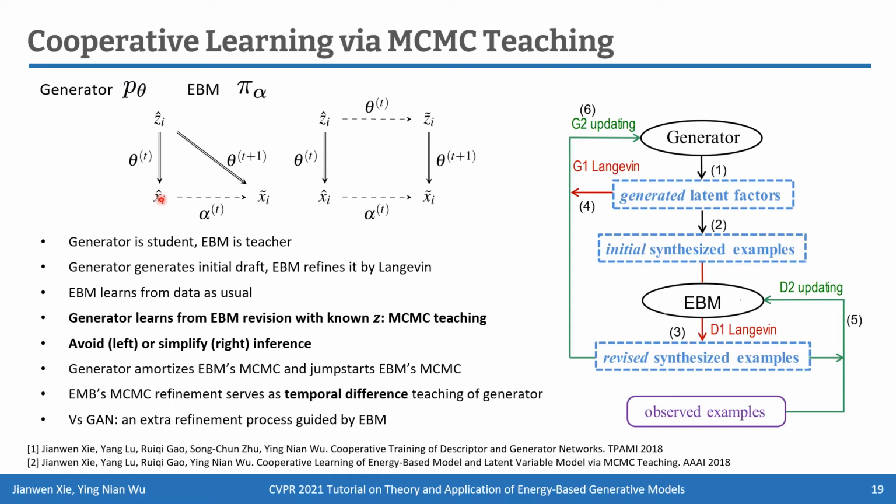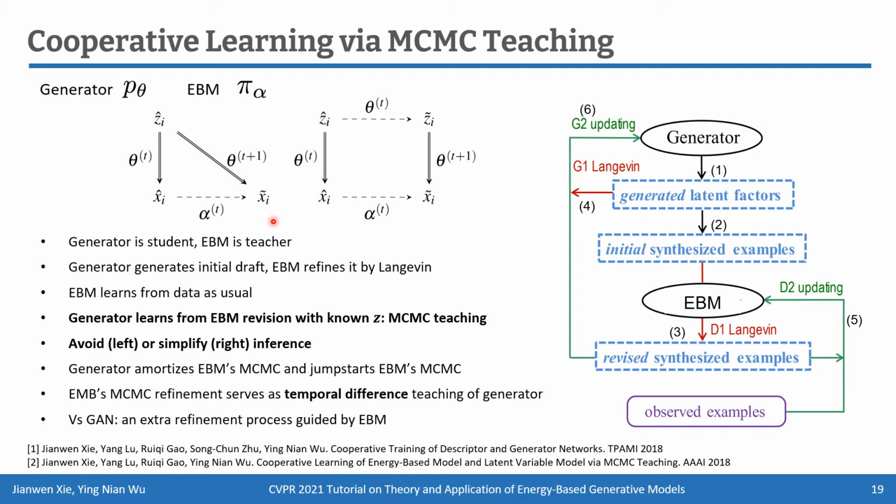The generator is like a student, and the EBM is like a teacher. The student writes the initial draft of the paper, and then the teacher revises the paper to get this xi tilde. This is considered as the synthesized example from the energy-based model.